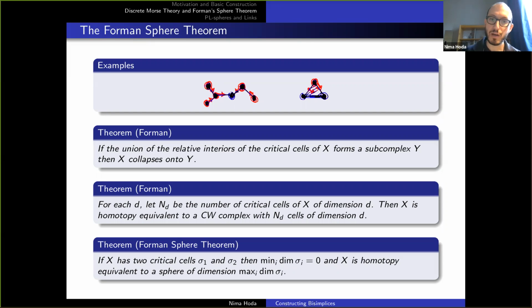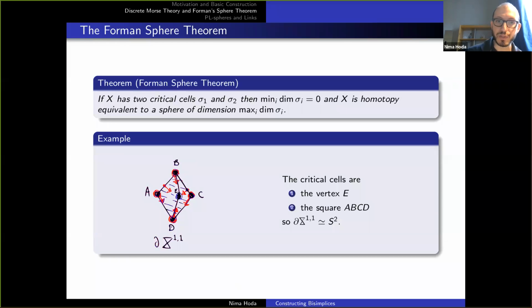Okay, so that's nice. We're trying to prove that something is a sphere. Now we have a tool to at least prove that it's homotopy equivalent to a sphere. Here's an example.